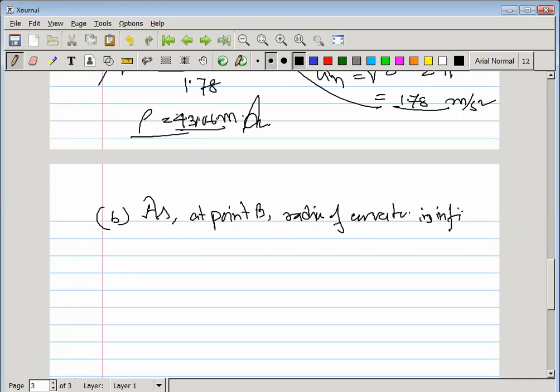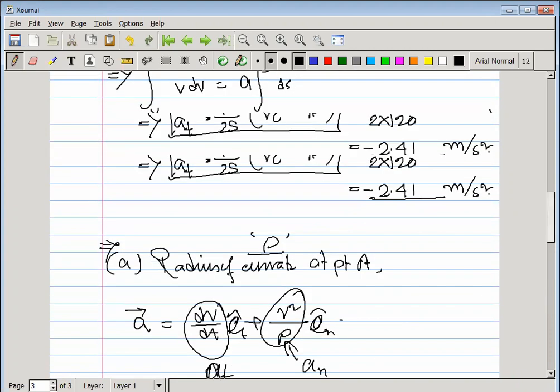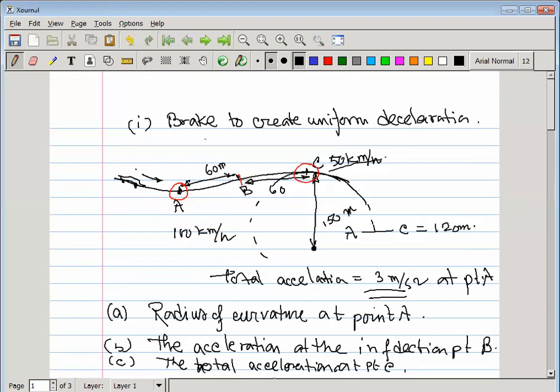Why? Because here you can see in this position, this is one radius of curvature, and this is another radius of curvature, right? So in this position there is an infinite radius of curvature.